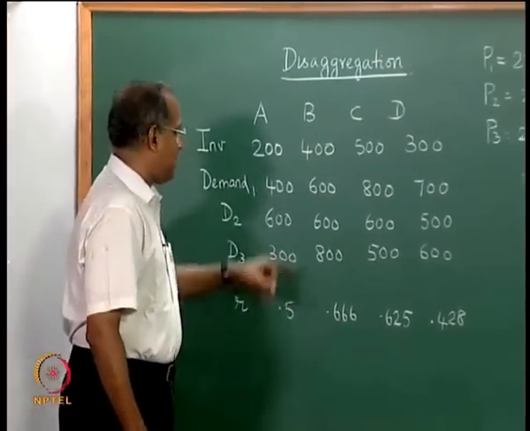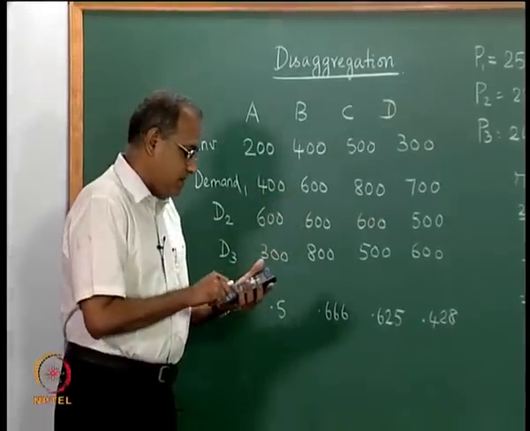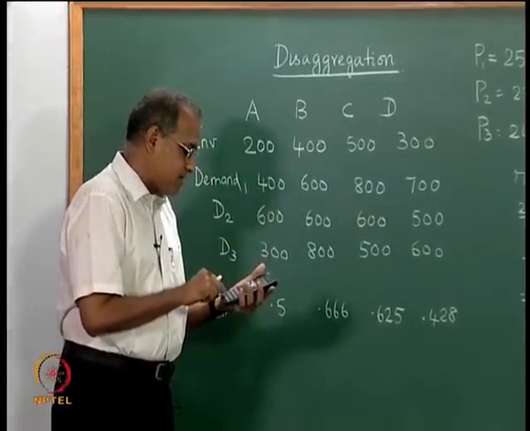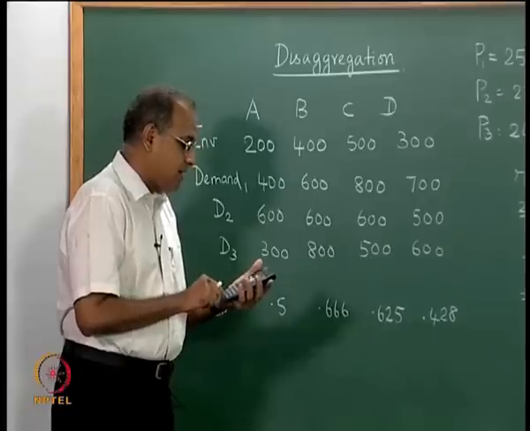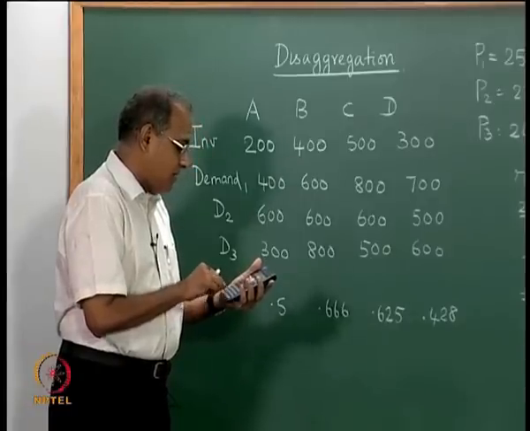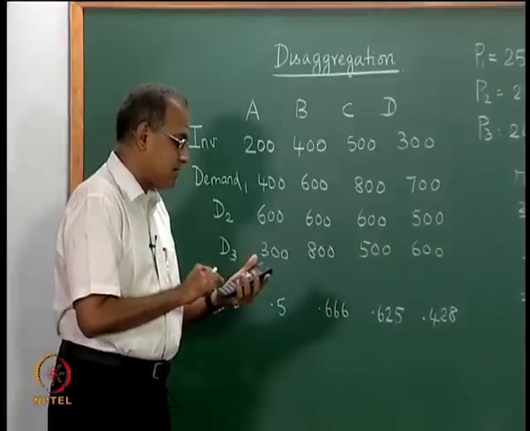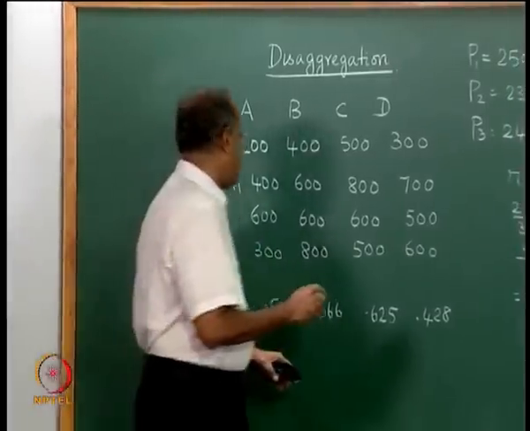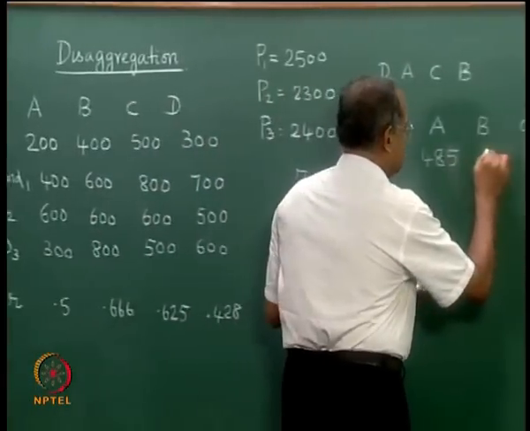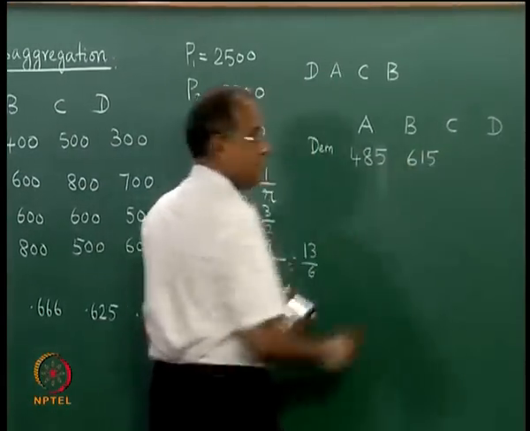Now, for B it will be 600 plus 600 plus 0.166 into 800, which is 132 plus 1200 divided by 2.166, which is 615.32. So, this will be 615.